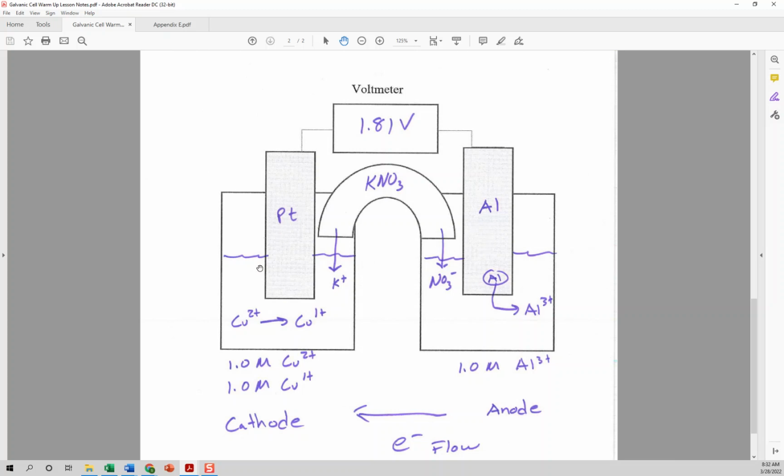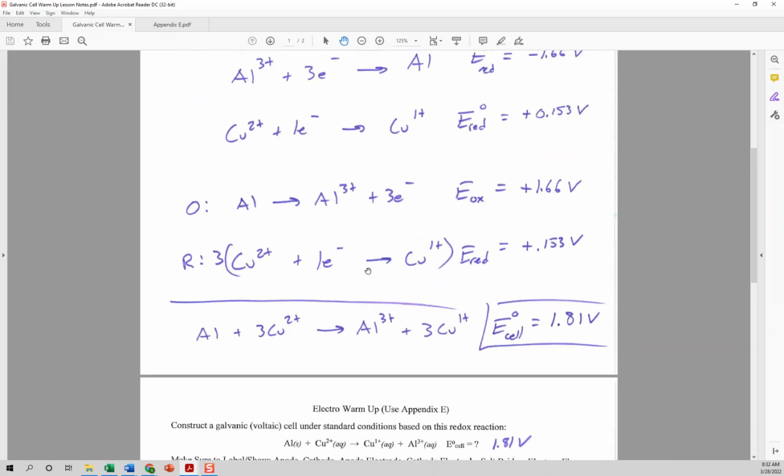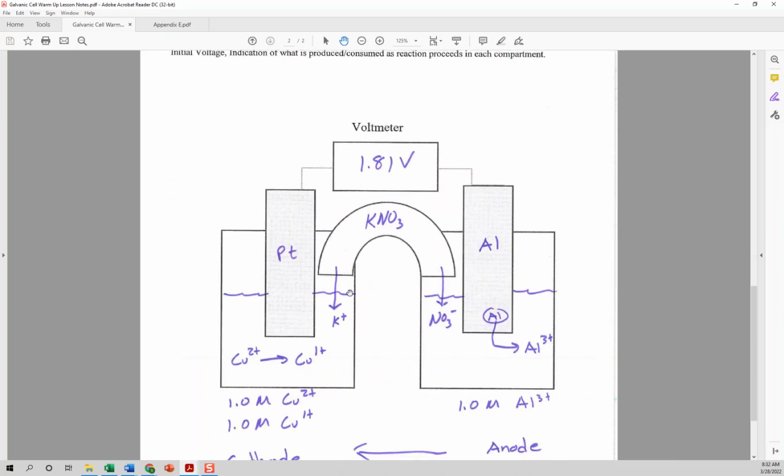And my cathode, now what we want to notice for this one is, in our reduction half reaction, reduction occurs at the cathode. In our reduction half reaction, we don't have any solid metal. Remember, this was aqueous and this was aqueous. So if we had solid copper in this reaction, we would make this electrode copper, but we don't.